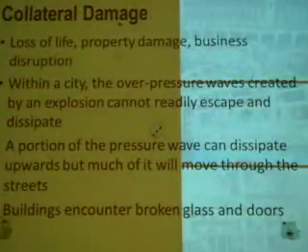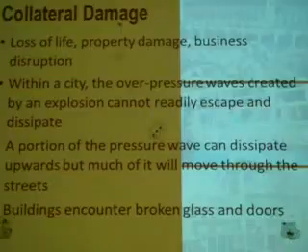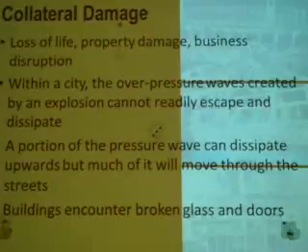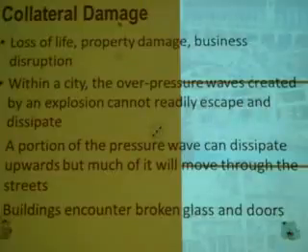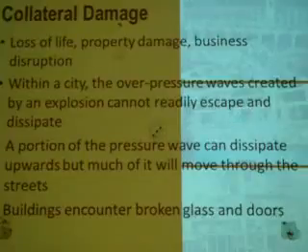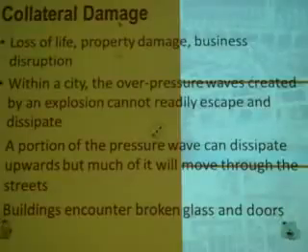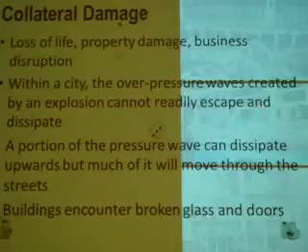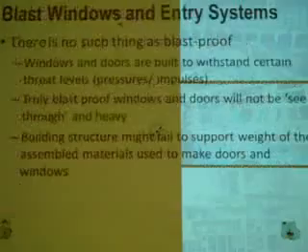Bomb blasts cause collateral damage that includes loss of life, damage to property, and destruction of businesses. Generally, wherever a blast happens, the blast wave spreads throughout the street. It does not go up into the atmosphere, and the streets act as channels for the blast wave. In areas where the blast wave passes through, the glass of the windows and doors in buildings may cause secondary damage.